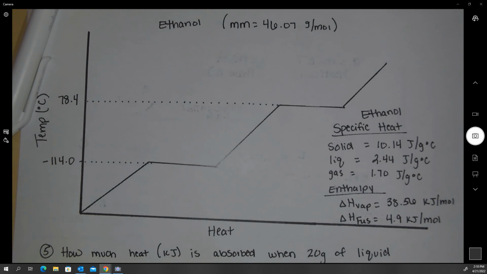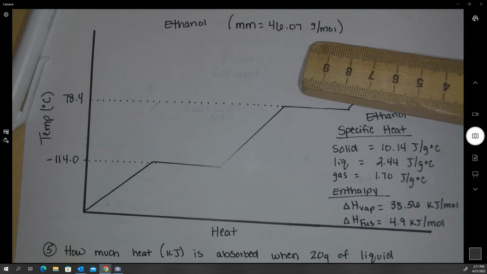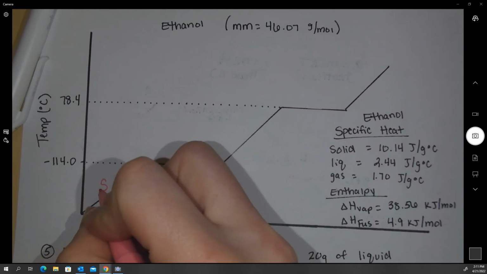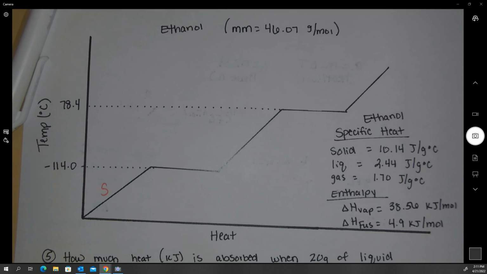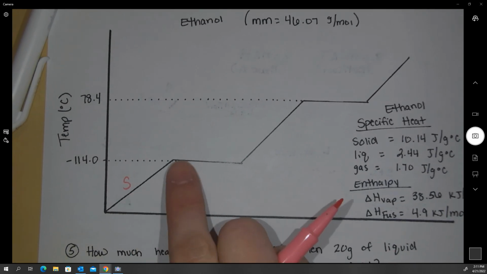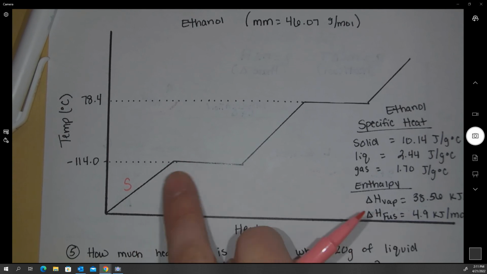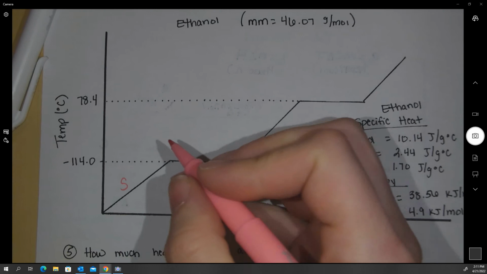Also at the top of this, I gave you the molar mass for ethanol, to help you with your mole calculation. So we're going to write a few things on this graph just so that we are all on the same page. Solid ethanol is going to be below negative 114 degrees Celsius. Do you see that? What happens at negative 114 for ethanol? Fusion.